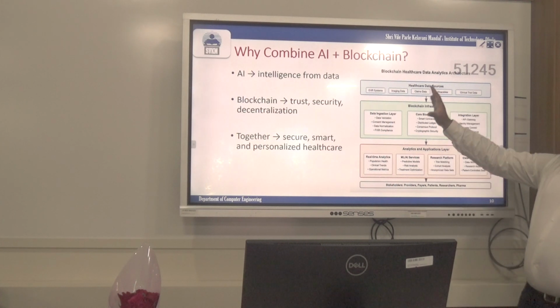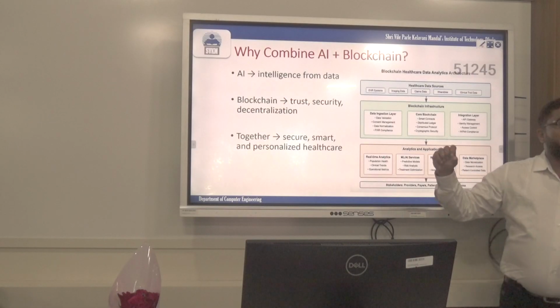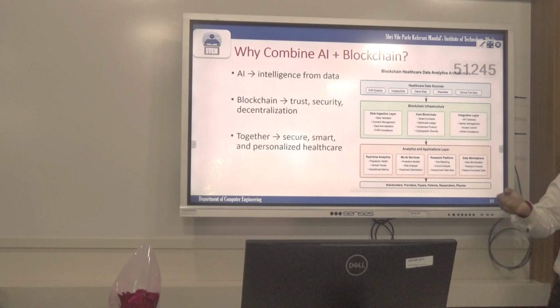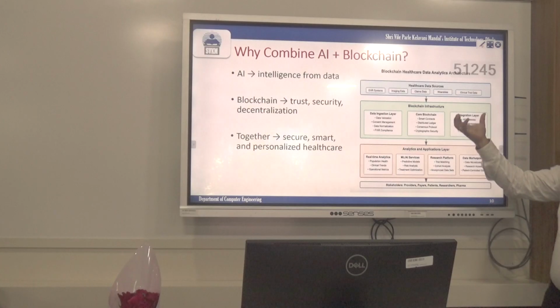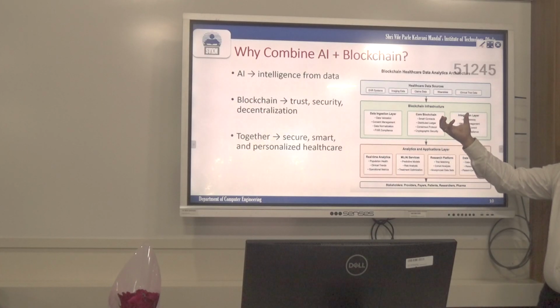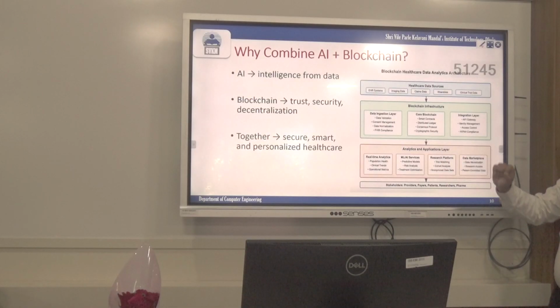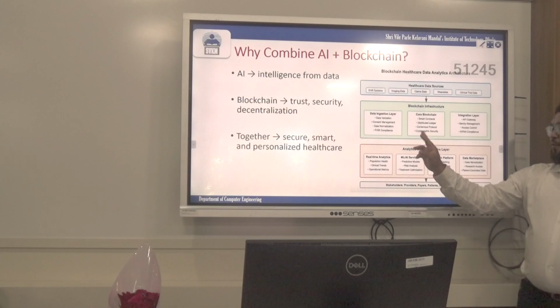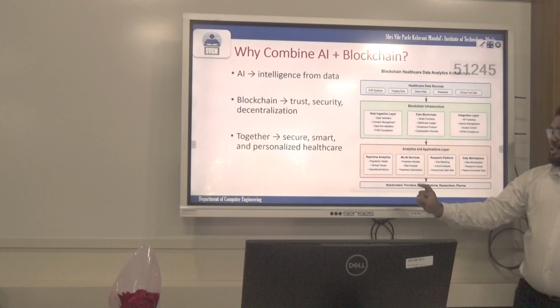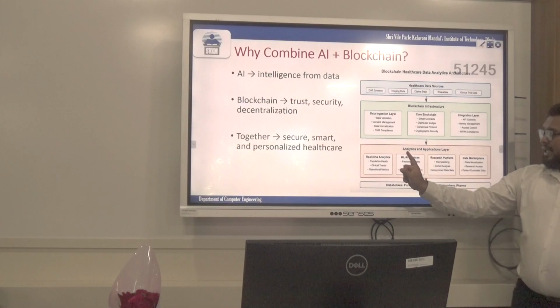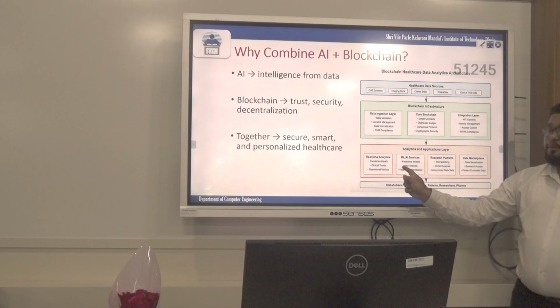Then after you have created the medical block, or you can say a medical blockchain, this data stored in the blockchain is transferred to the AI layer or analytics and application layer, where you perform real-time analytics for population health, clinical trends and operational metrics.